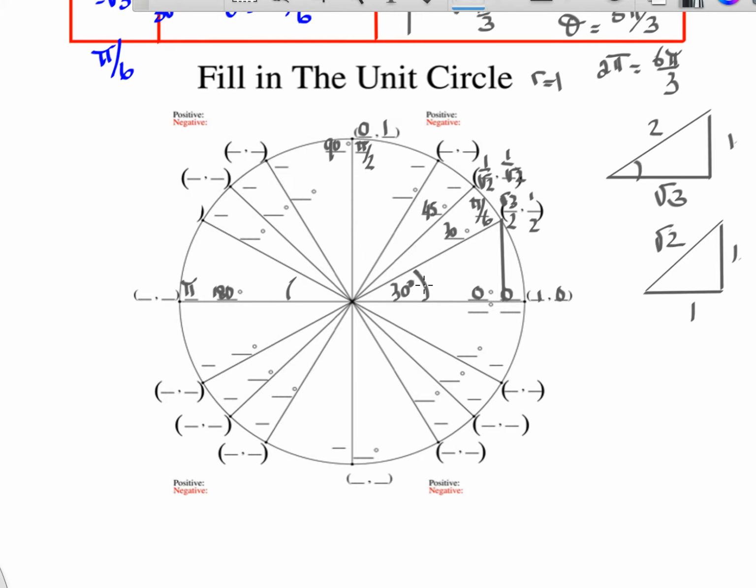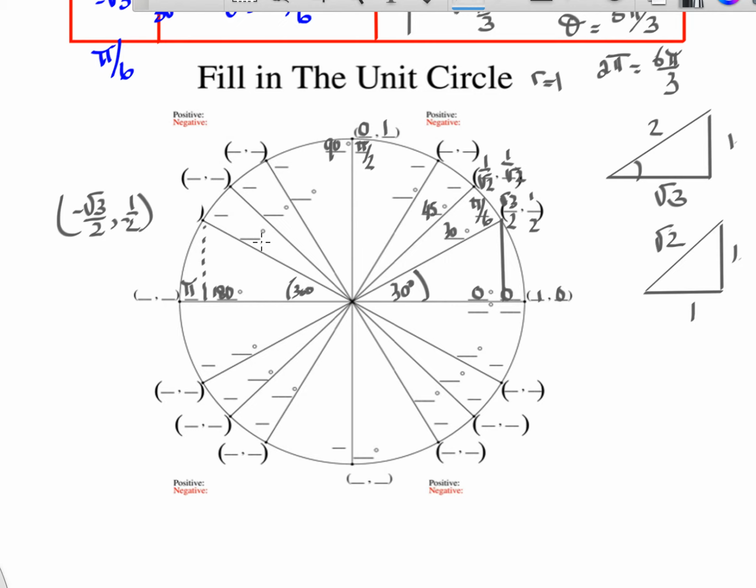All right. So I know that I have another 30 degrees over here. Well, that means I get the same x value, except now the x value is negative. So it's a negative square root of 3 over 2. And the y value is still positive, so that is a half. So the negative square root of 3 over 2 and a half are the coordinates right here.